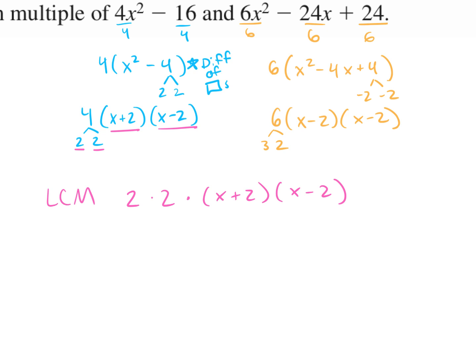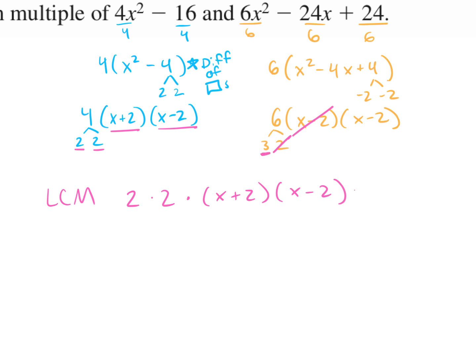But if something repeats, I don't write it again. So what from this group of factors here do I already have listed here? 2 and x minus 2. I only have one x minus 2 here, so I can only cross out one of them. So everything else that I didn't list also has to be included in my factors.